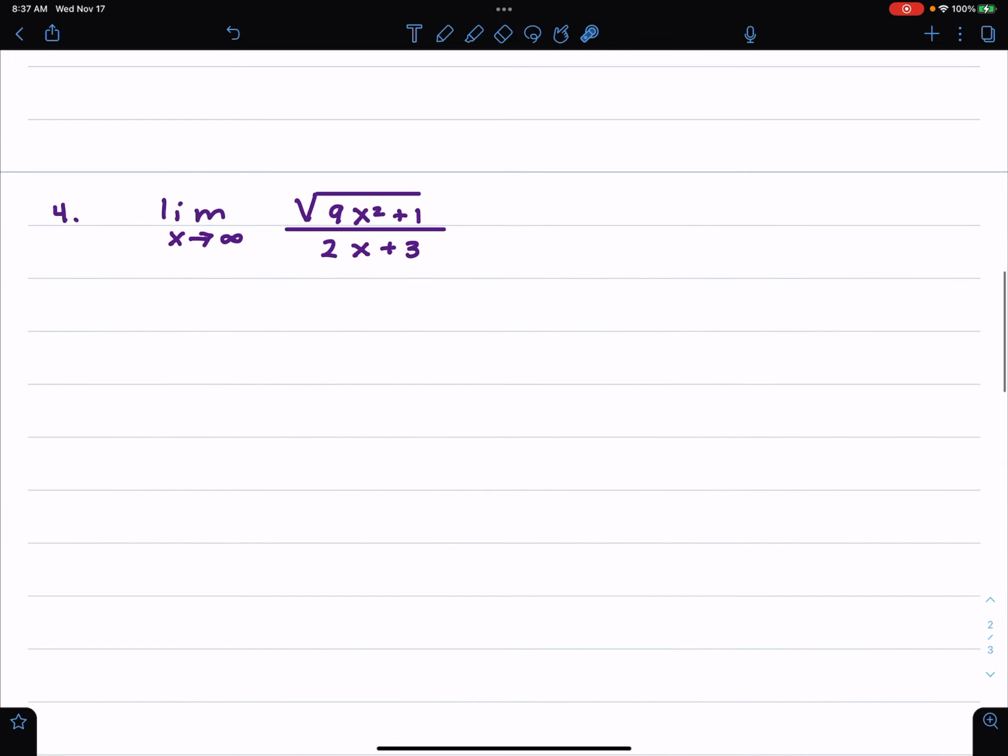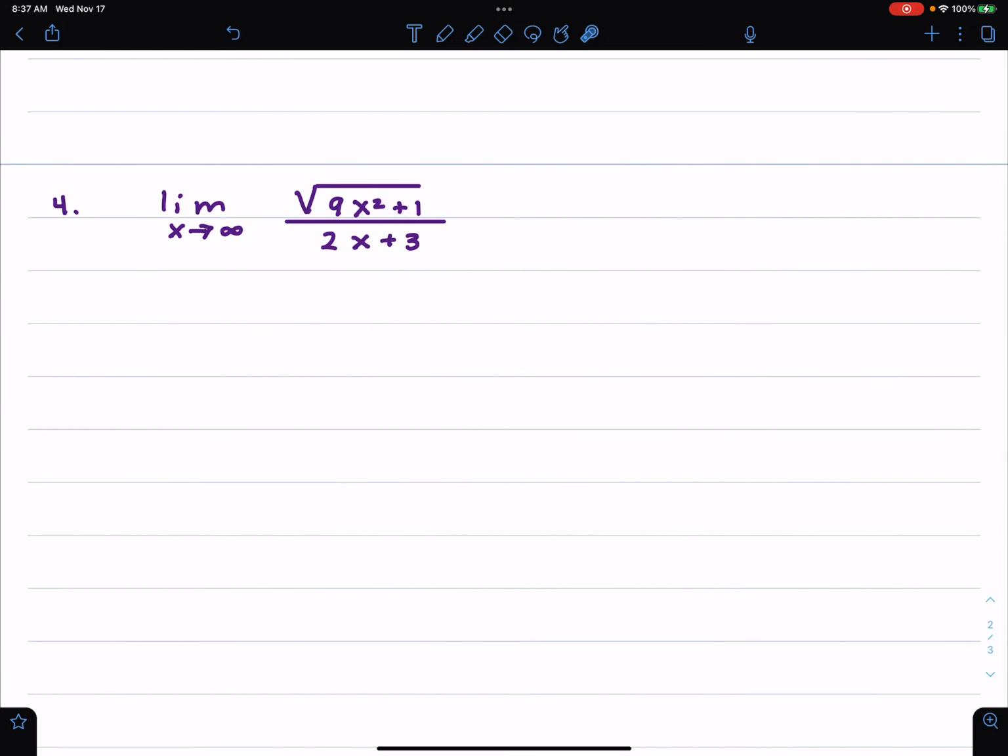Over here, we have a similar situation where we look at the denominator, and we see that the highest degree term is x. So I'm going to multiply by 1 over x, and same in the numerator. Now we use a fact.